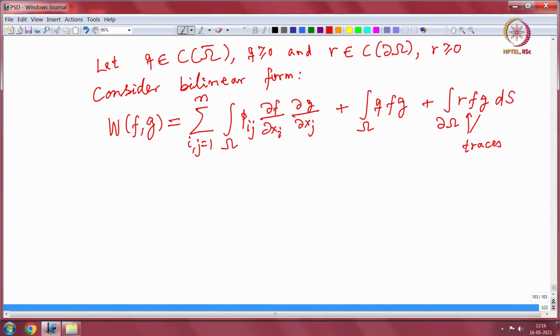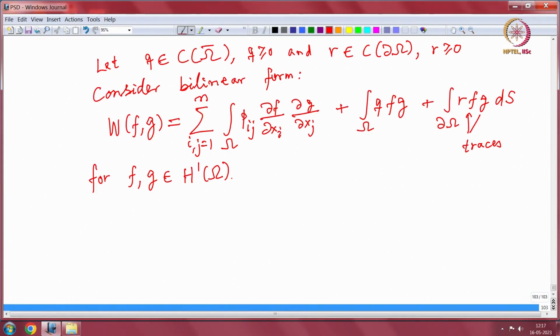Okay. So, this is defined for f, g in H1 omega. So, each of these three terms is finite, as we have seen earlier. So, these are traces. So, these are both in L2 of the boundary of omega. So, this integral is finite and R is continuous, non-negative. Okay.